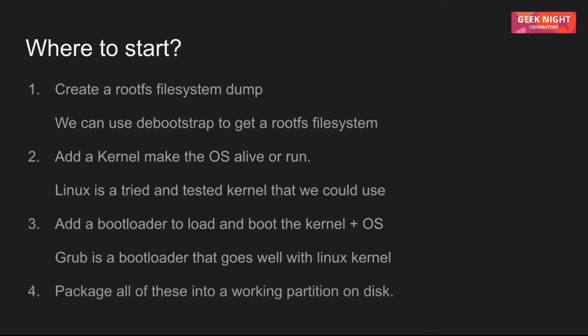And finally, even if we add Grub, what we would end up having is again still a folder structure that contains Grub or the rootfs contents as well as a kernel. But how do we make this a bootable device? We have to somehow make it part of a hard disk, and in a way that whenever the hard disk is booted, the Grub or the bootloader gets invoked, and automatically it takes care of loading the kernel and running it.